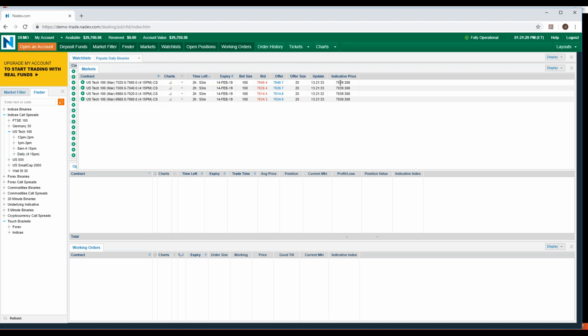If I wanted to sell this one, I'm selling way down at 70-28. Notice how that's a pretty big difference from where the market is compared to where I'm selling. So the market has to drop quite a bit to get down to about that price that I sold at.